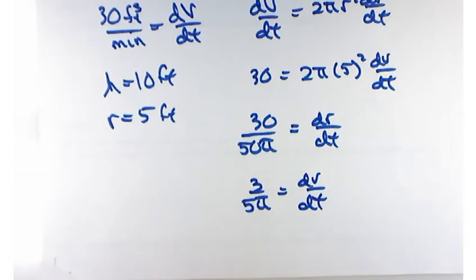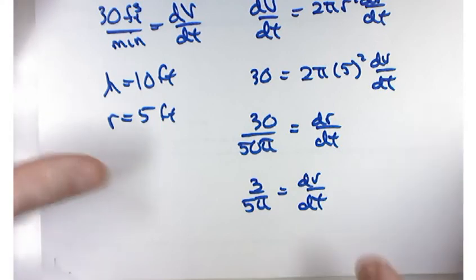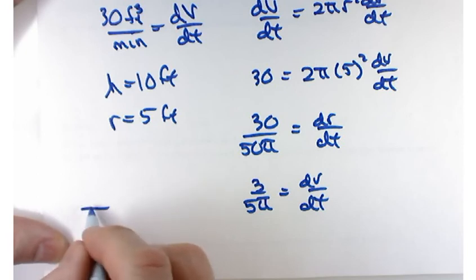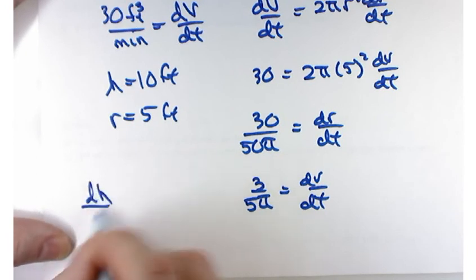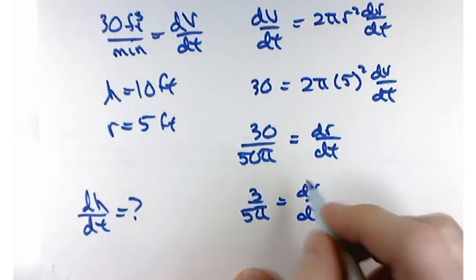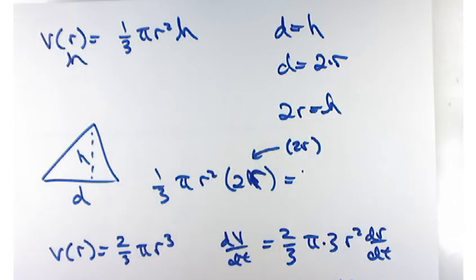But the problem asks us, how fast is the height of the pile increasing when the pile is 10 feet high? So what are they asking for in symbols? dH by dt. We know what dr by dt is. Let's go back up here.